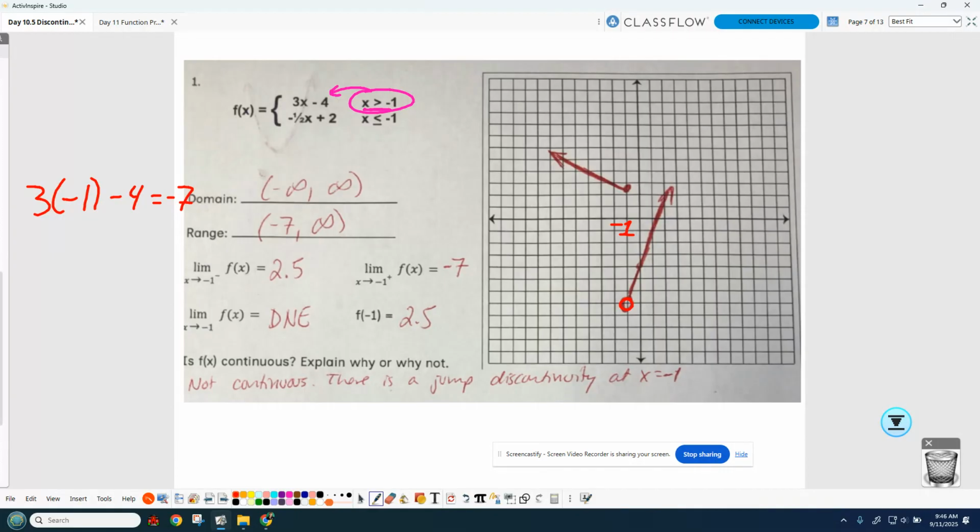Other questions with how this looks or what the answers are? Bailey? I think I'm just graphing it wrong. My line for the first equation is right, but for the second one it's way off.